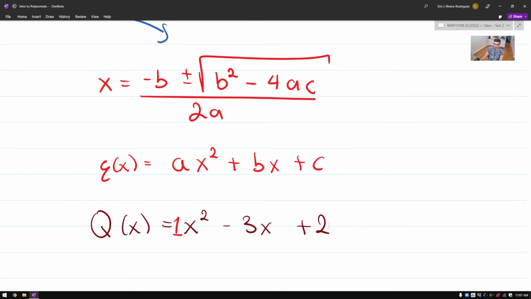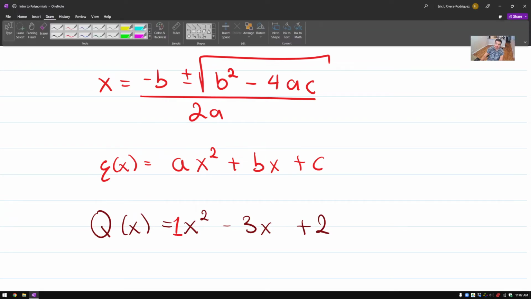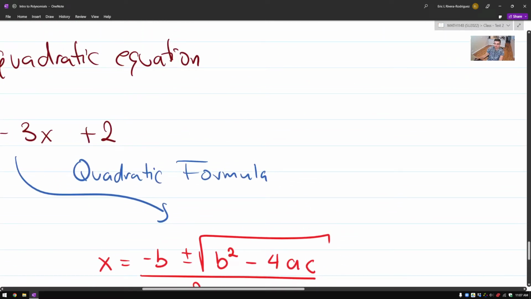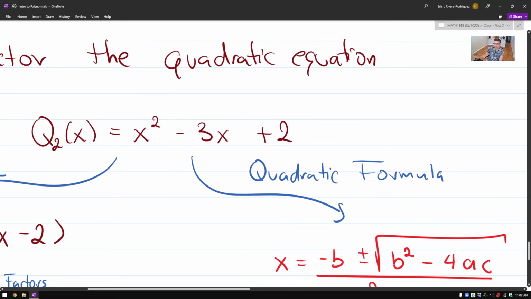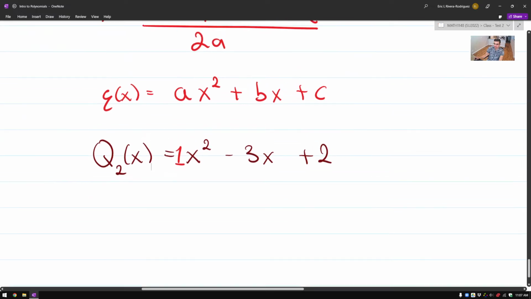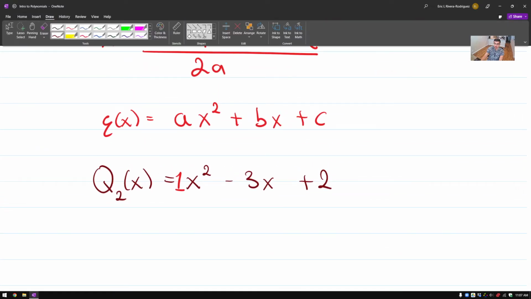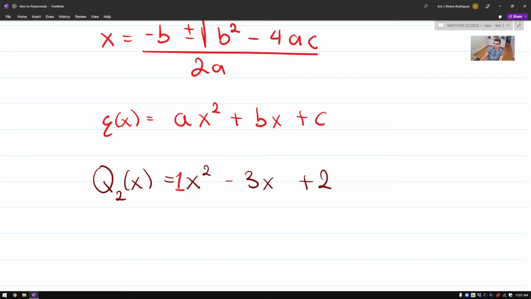Let's try to rewrite this quadratic equation, Q sub 2x, in standard form.